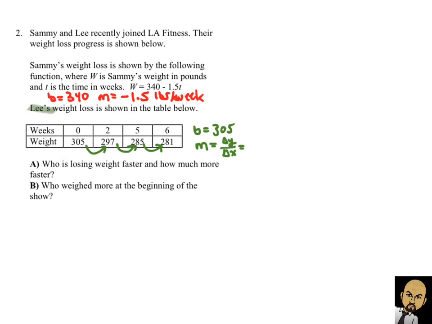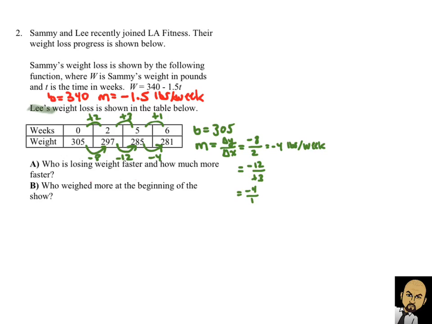We've got to figure out the change in Y, which ends up being negative 8, negative 12, negative 4, which indicates he's losing weight. The change in X is positive 2, positive 3, and positive 1. We've got to double check that every corresponding change in Y and change in X equals the same thing, and they equal negative 4. So the slope for Lee is negative 4, so he's losing 4 pounds per week.